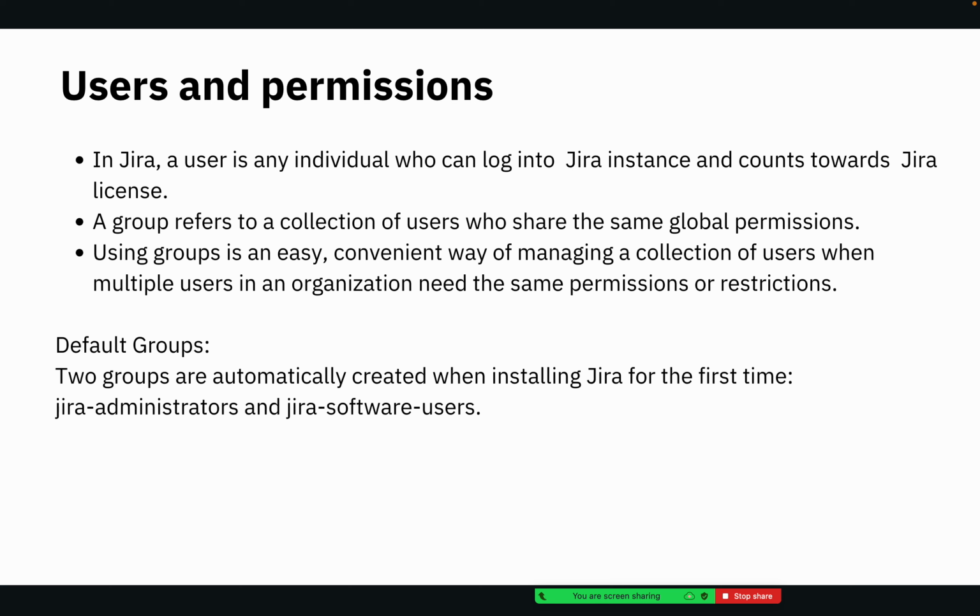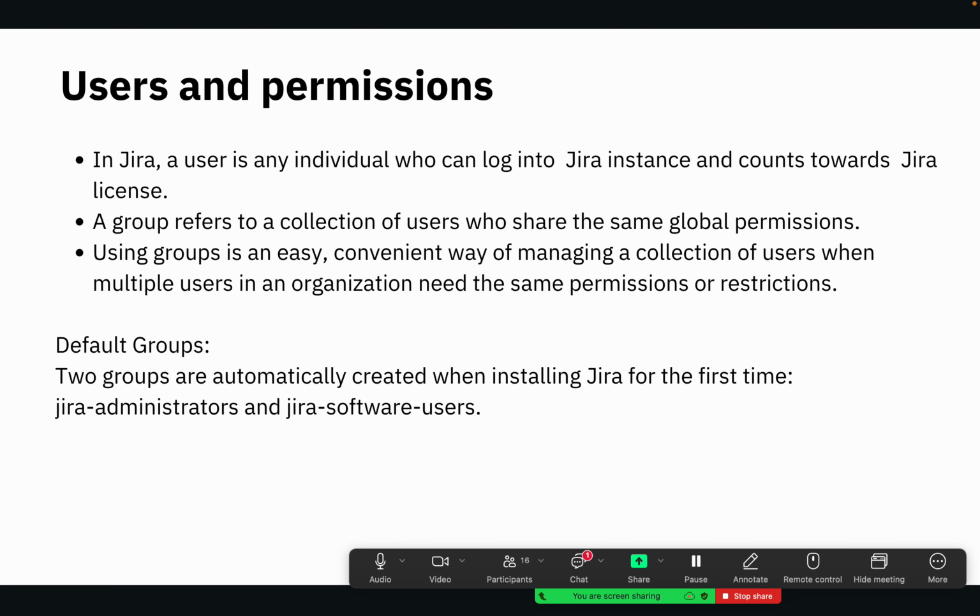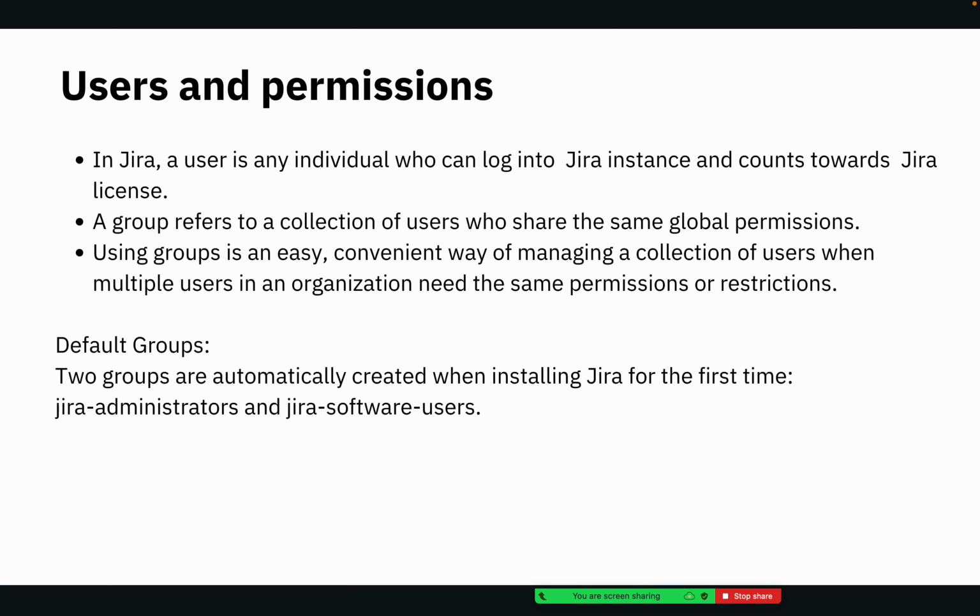Then there is a group, which is a collection of users, and if I'm giving some permission to that group, it means all the permissions assigned to a group will be applicable to all the members or users in that group. Using a group is an easy, convenient way of managing a collection of users when multiple users in an organization need the same permissions and restrictions.